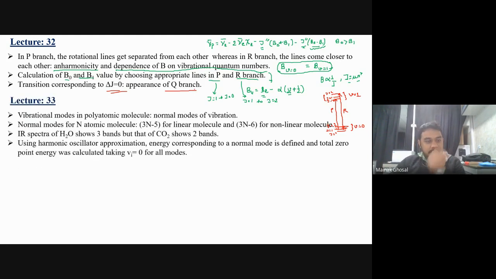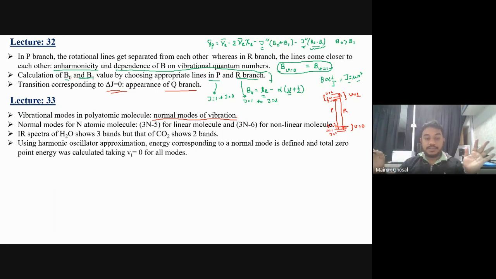In the next lecture, there was a discussion on vibrational modes in polyatomic molecules, the normal modes of vibration. Other than translation and rotation, the vibrations that a molecule exhibits are the normal modes of vibration, and they depend upon the atomicity and the shape of the molecule.